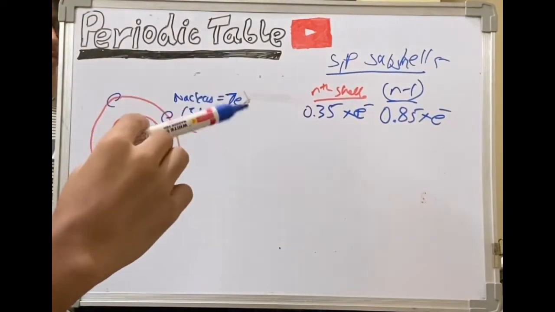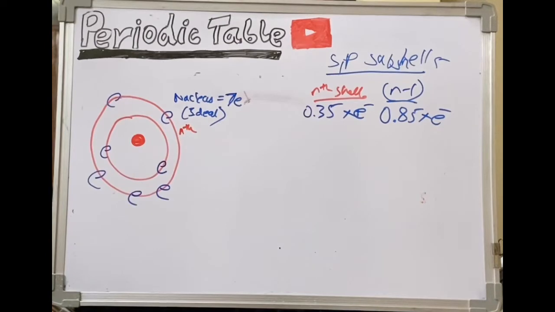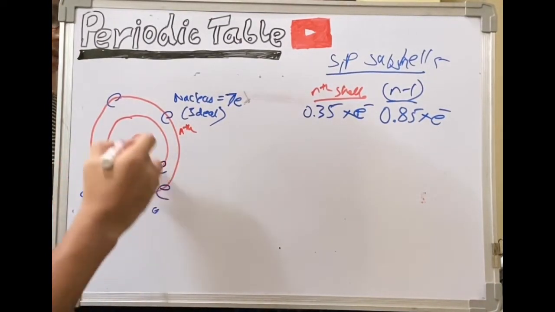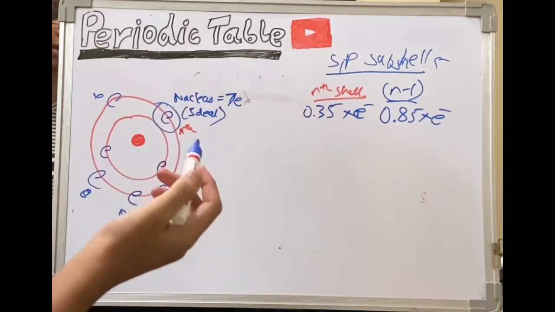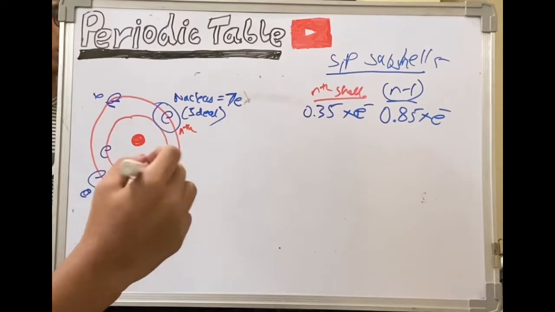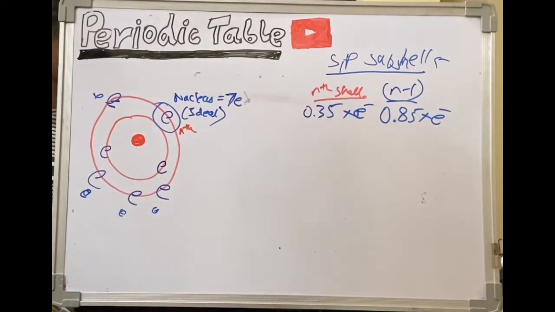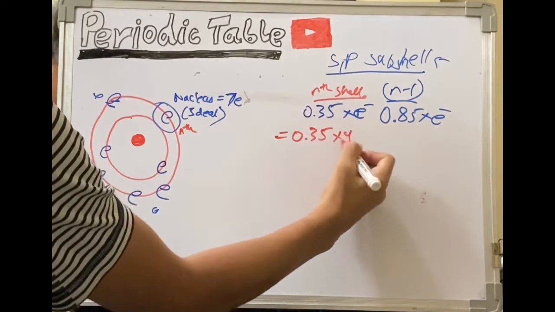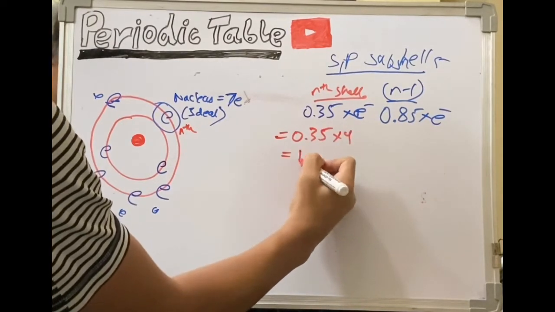So here we'll take 4 electrons, this one, this one, this one, and this one, because this is the one we are protecting. These will generate the force of repulsion in the nth shell. There are 4 in this, so it will be 0.35 into 4, that is 1.4.